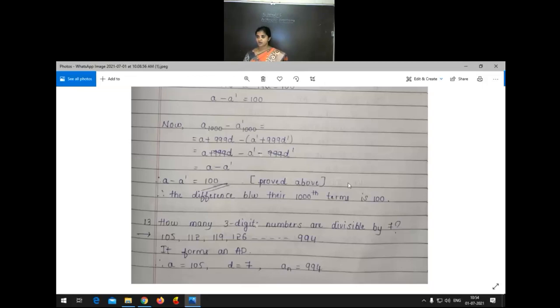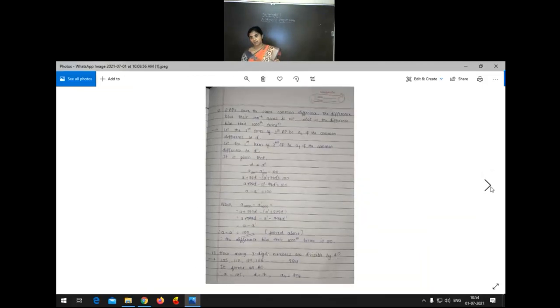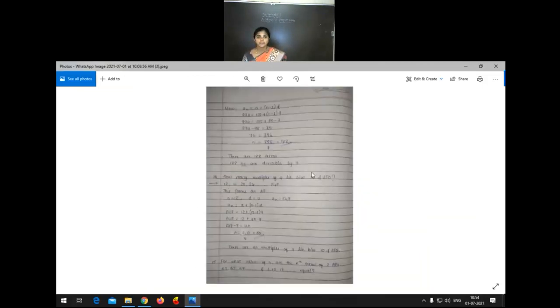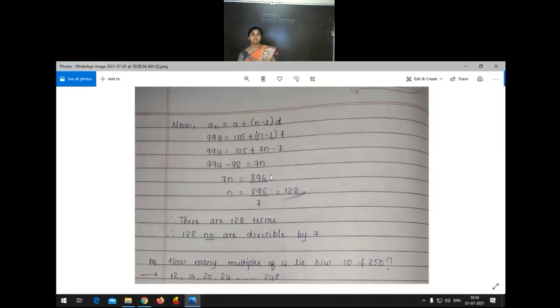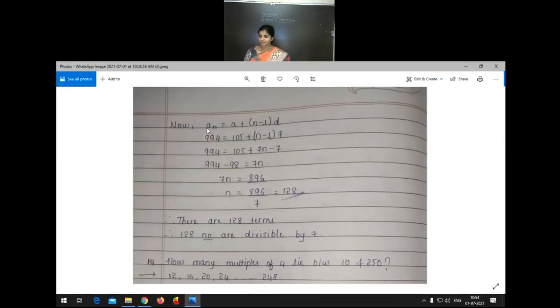Number of terms in the given AP we have to work out. Okay, so next page is here. So AN is equal to, again, number of terms we have to find out, in the sense which form we have to take actually. AN is equal to A plus N minus 1 into D. AN is 994.